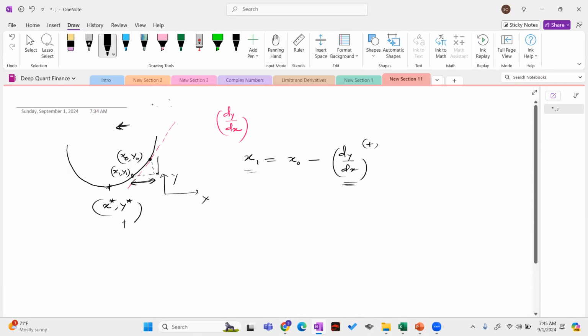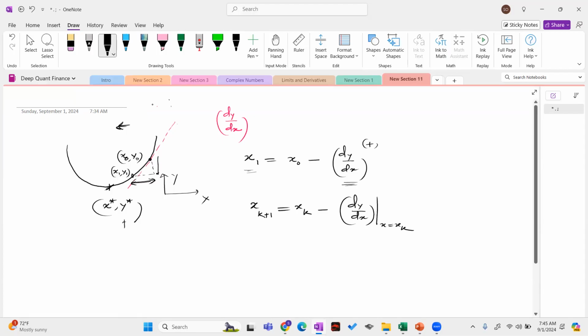Because once you reach here, what is the slope? Slope at the minima, what is the slope? Slope is 0, right? So I can write the algorithm as xk plus 1, the k plus 1th iteration, is given as previous value of x minus derivative of y, I can say probably at x equal to xk.